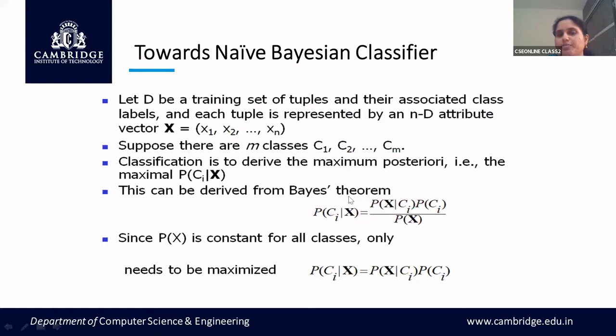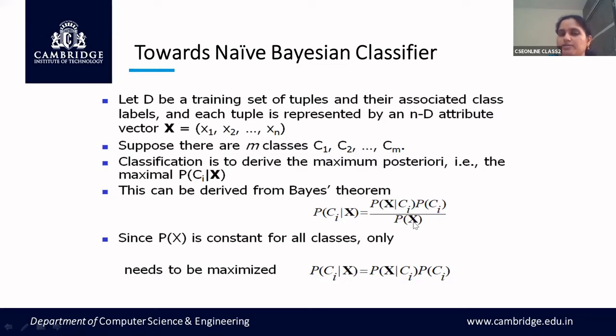According to Bayes theorem, the posterior probability of class Ci with respect to the instance X is given by the probability of X with respect to the class label Ci, times the probability of Ci. This is called the maximum likelihood of that particular instance X, divided by the total probability of X.